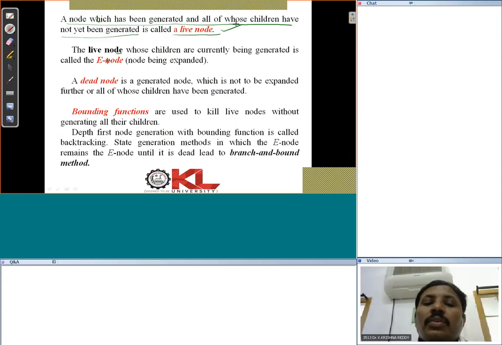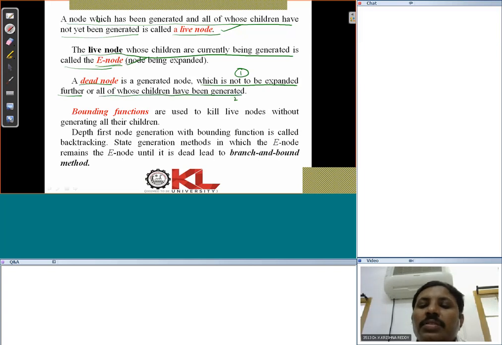Next one, what is the meaning of E node? An E node must be a live node whose children are currently being generated. Now it's expanding in the process, that is called an E node. What is the meaning of dead node? For a dead node, two conditions are there. One condition is that it is not to be expanded further, and the second condition is that all of its children have been generated.